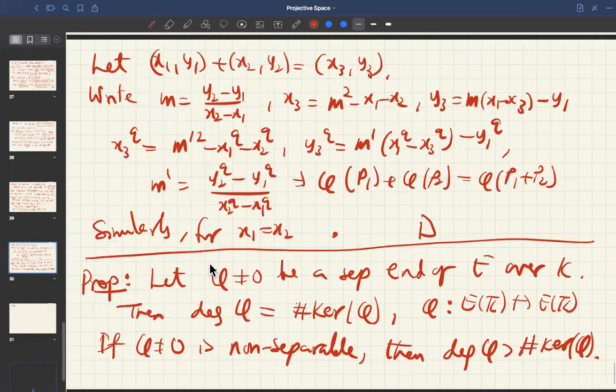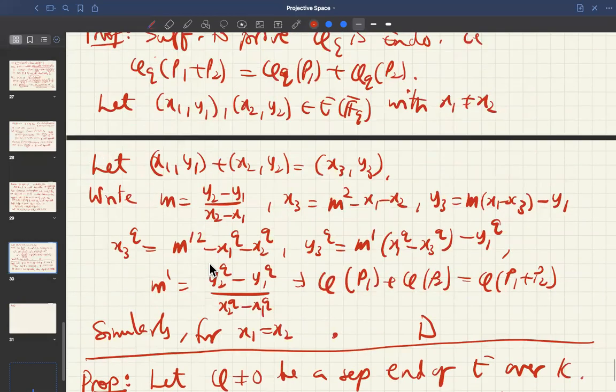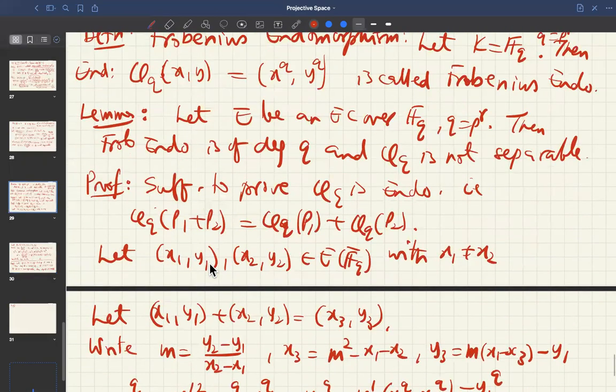The Frobenius is not separable, and its degree is q. And what is the kernel here? The kernel of this endomorphism is just 0, so the kernel size is 1. So q is definitely bigger than 1.